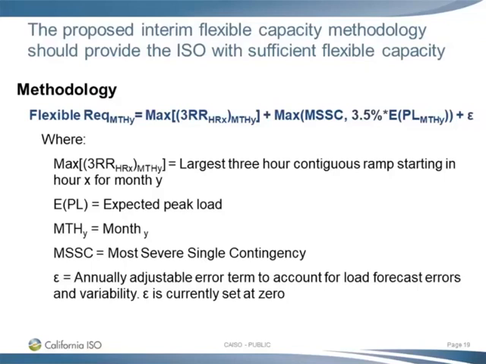So this is the formula we use. Pretty straightforward. We do this for every month, and we add that to the maximum 3-hour ramp to come up with the flexible capacity needs for that month.